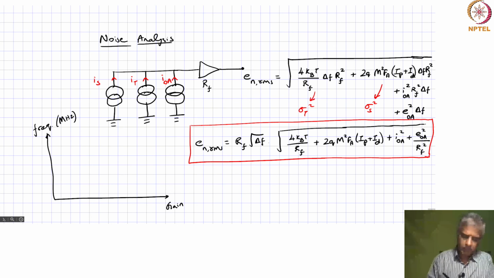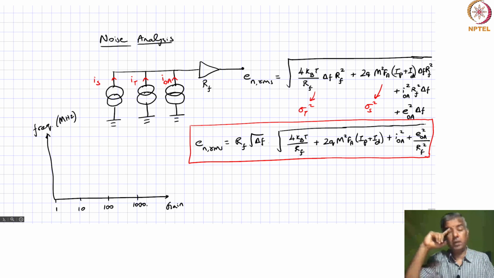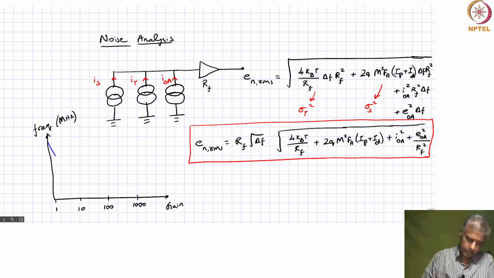Hope you don't mind that, but effectively the gain is going as 1, 10, 100, 1000 and so on. And if you look at what typically happens for a BJT based op amp, I'll use a different color for that. A bipolar junction transistor based op amp will typically have a characteristic like this.